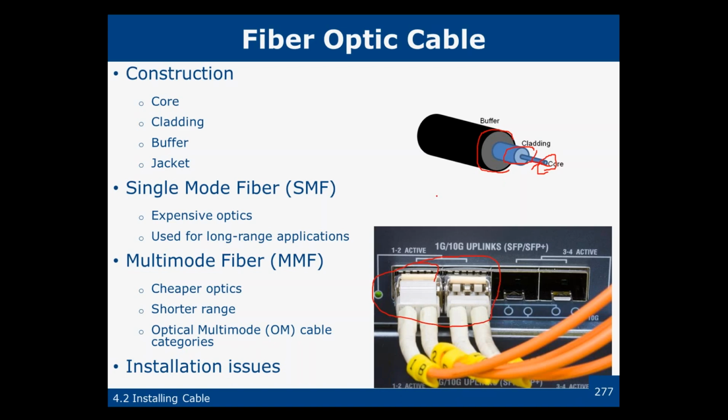Let's see if I can find it here. Let's see. The multi-mode core is 50 microns. The cladding 62.5 microns.